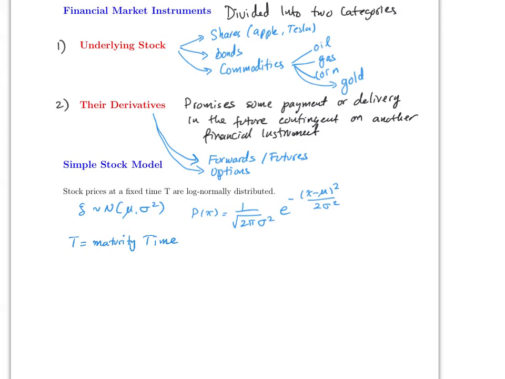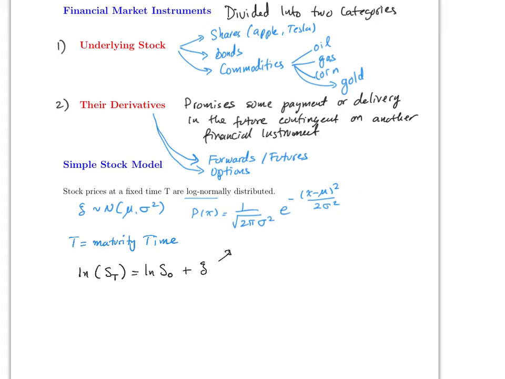Therefore, log normal means the following: that the log of the price of the stock at time T is equal to ln of the initial price of the stock, plus some normal distribution.